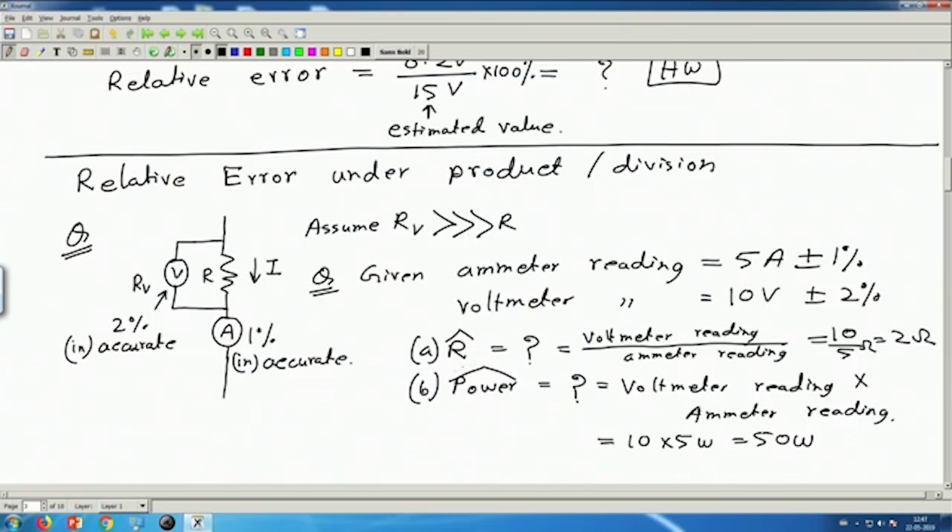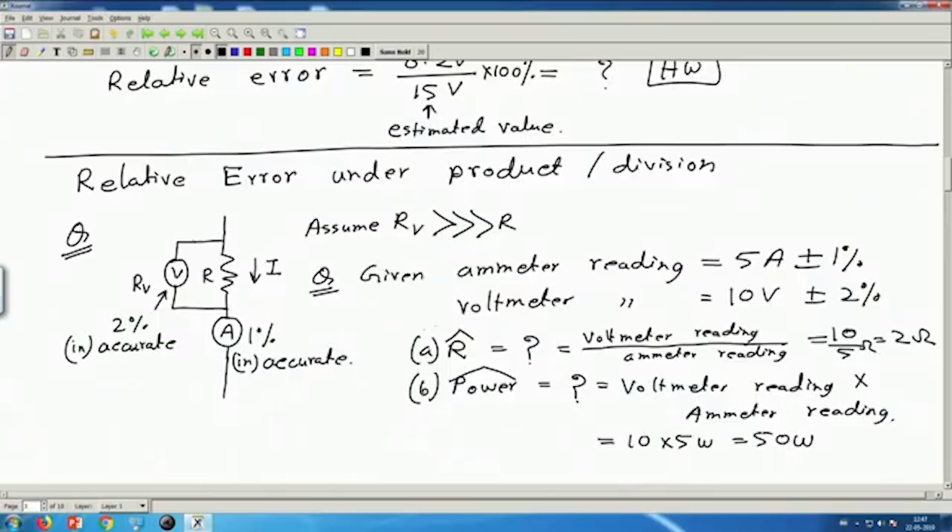This is not the true value of R, or the true value of power, because both the voltmeter and ammeter have some error, uncertainty in their reading. So we do not know the true value. We only have an estimated value, measured value.